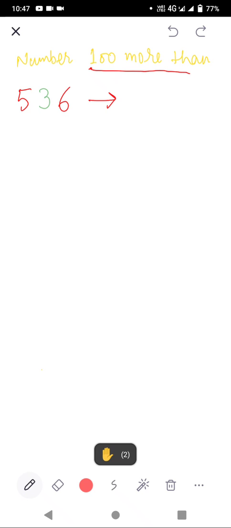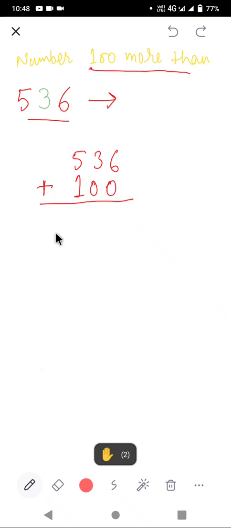We have a number 536. We have to find out a number which is 100 more than this number. So what we'll do, we can add 100. To find out 10 more than, we were adding 10, and to find out 100 more than, we'll add 100 in the number.